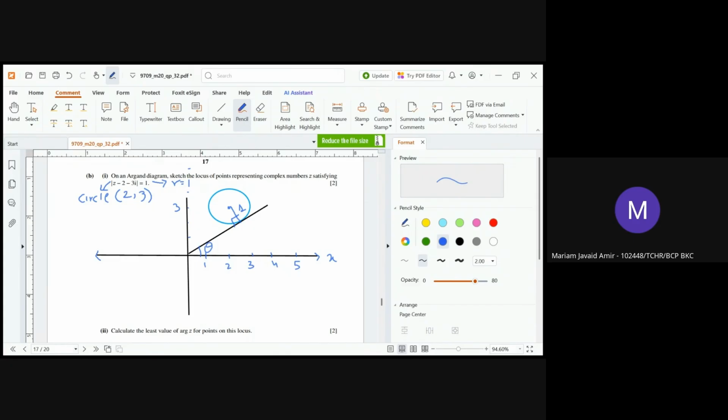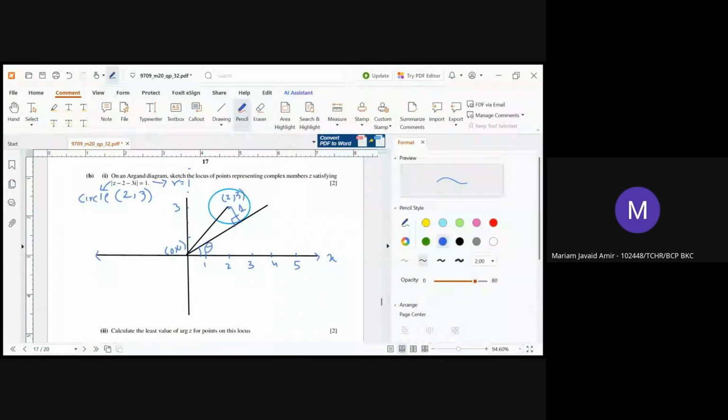Then you're going to make a line connecting the origin to the center of the circle. This line. So we know the length of this line because it connects (0, 0) with (2, 3). So we can apply the distance formula on (0, 0) and (2, 3).